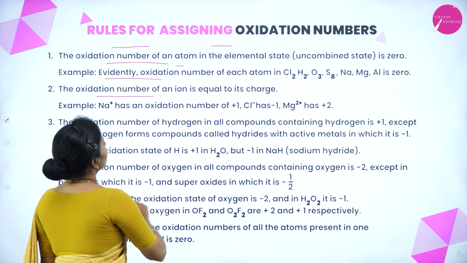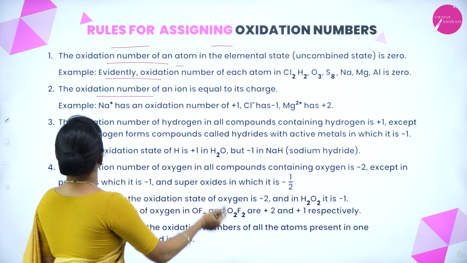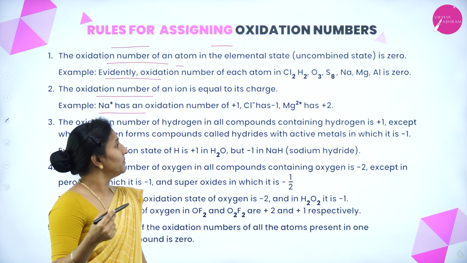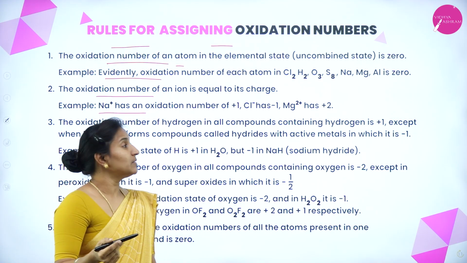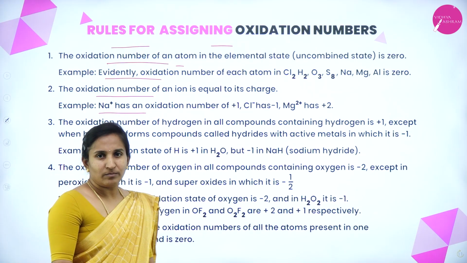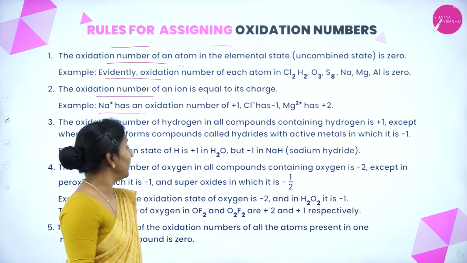The oxidation number of an ion is equal to its charge. For example, sodium oxidation state is +1, chlorine for chloride is -1, magnesium ion is 2+.